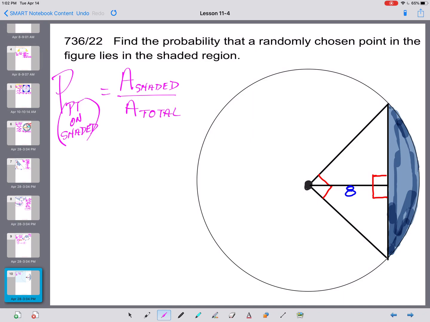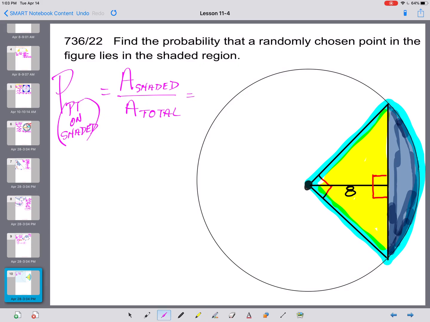Now, the area that's shaded, what I see is a sector, a big piece of the pizza. If I find the area of the sector and subtract the big triangle, the yellow one, that's going to give me the area that's shaded.